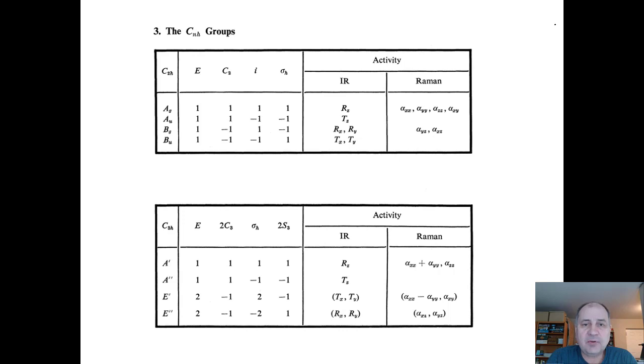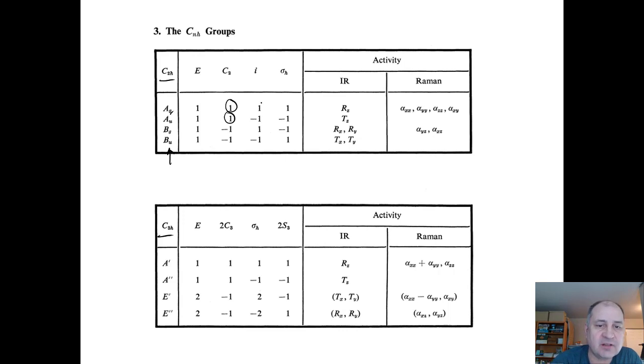Here are a couple of examples of what's in the handout. The handout has every single character table for all of the point groups that we have. And so here is the C and H group. The two examples are C2h and C3h. And as I said, the little Mulliken symbol here, first of all, the A is with respect to the principal axes, and the g and u are with respect to the inversion center.